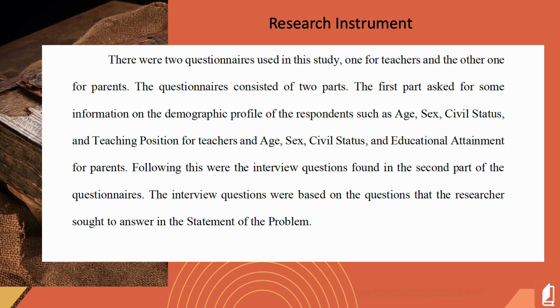The researcher should indicate if the instrument is self-made, copyrighted, or an adapted one. In this example, two research instruments were used. First, for the demographic profile. Second, for the interview questions.